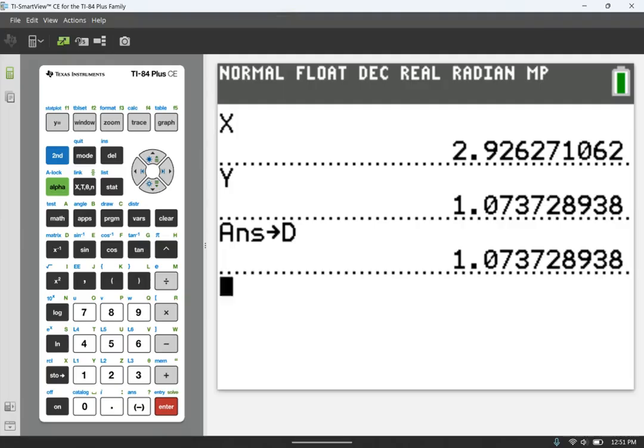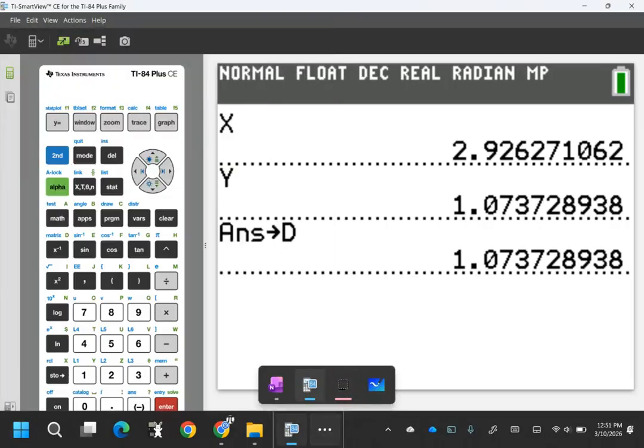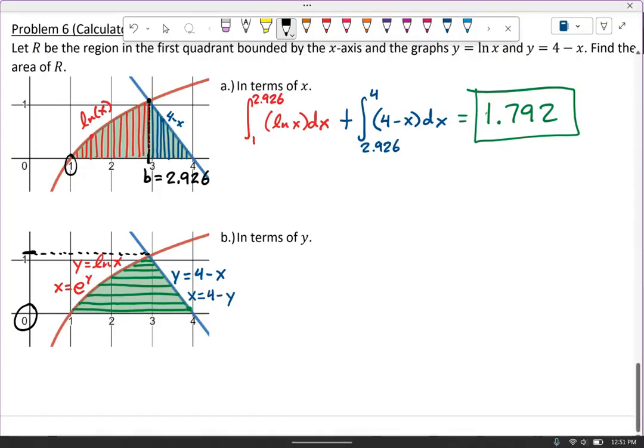If you're in Desmos, you can just copy and paste that y value in the coordinate pair. All right, so going back here, what would be our integral then? So the integral from where to where? 0 to where? 0.74.